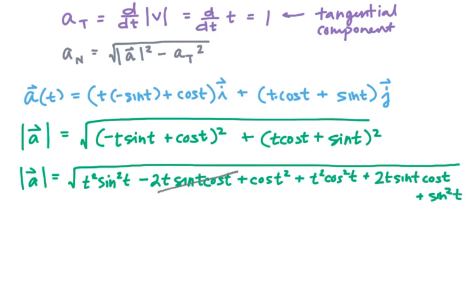So you see these two terms are going to cancel, my 2t sine t cosine t. Cosine squared t plus sine squared t is going to equal 1.